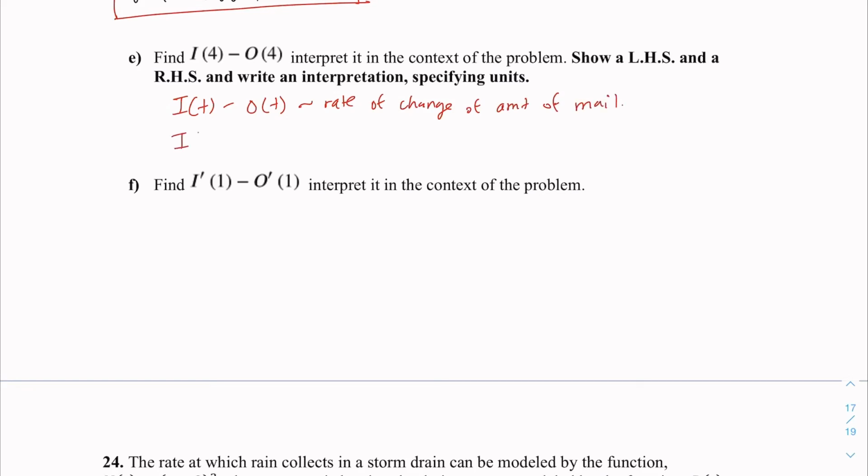So that means that I of 4 minus O of 4 is the rate of change of mail at t equals 4, and that's it. It says specify units, so since this is a rate that we're dealing with, it would be mail per hour.